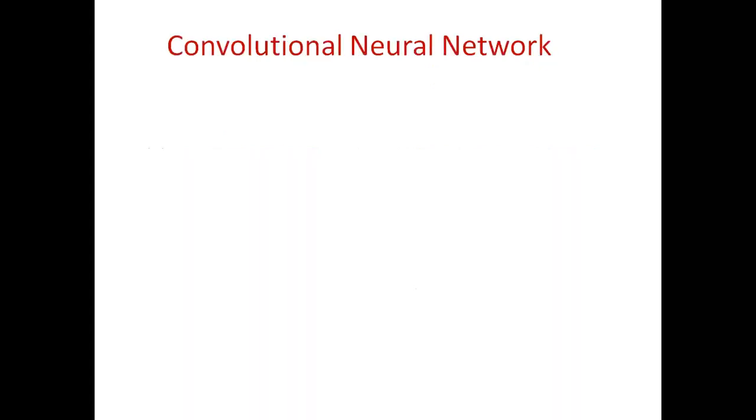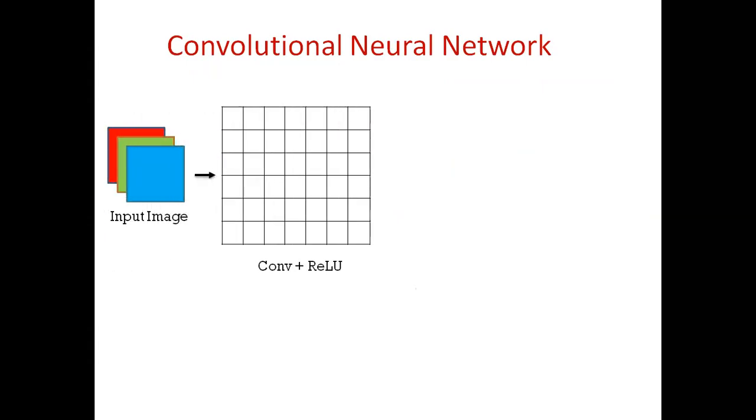So just a quick look at what a CNN is. The input image is first given to a convolution plus ReLU mechanism. What happens in this convolution layer? The image is passed through a filter, and the filter coefficients are decided by the convolutional neural network based on the training samples that you give.